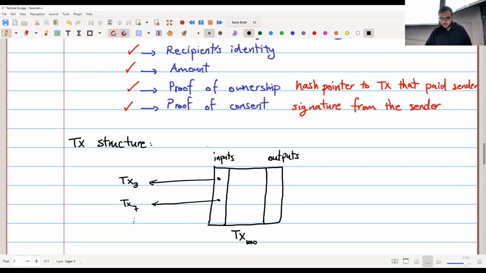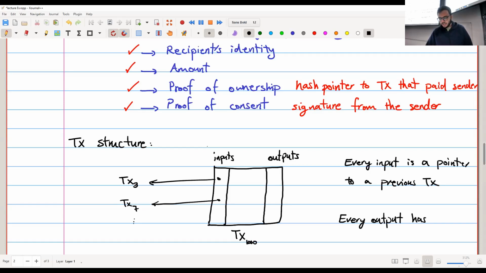So every input is a pointer to a previous transaction. And every output just has an amount and a recipient.